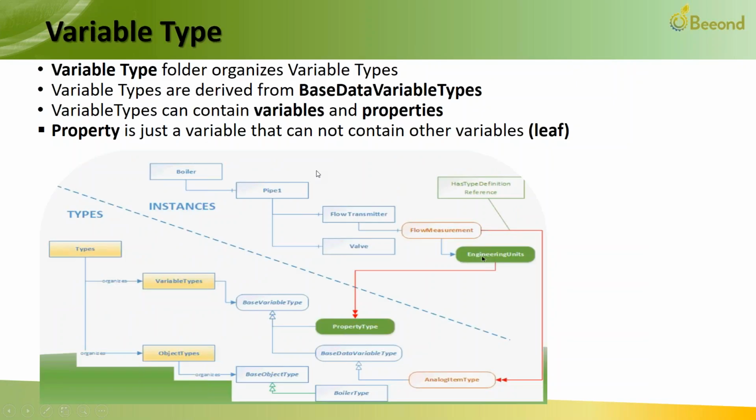Variable type. Well, a variable type is specifically designed to convey the values that are changing in a server address space. So the base object type for variables is the base variable type for its type definition.